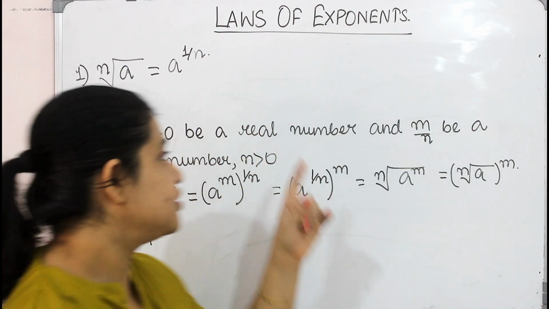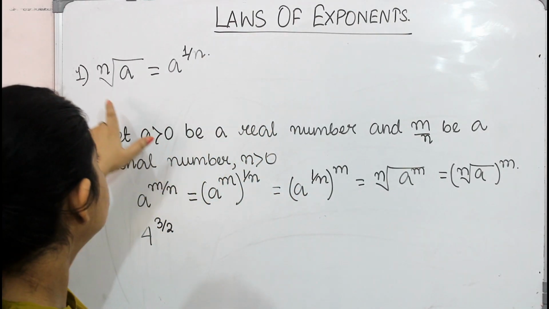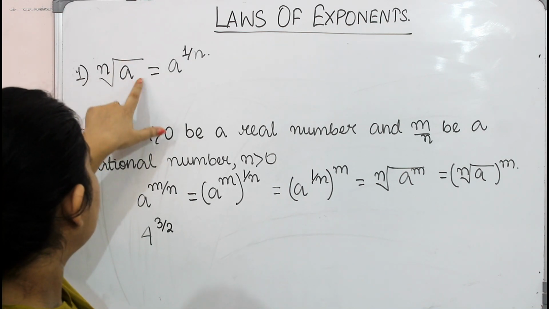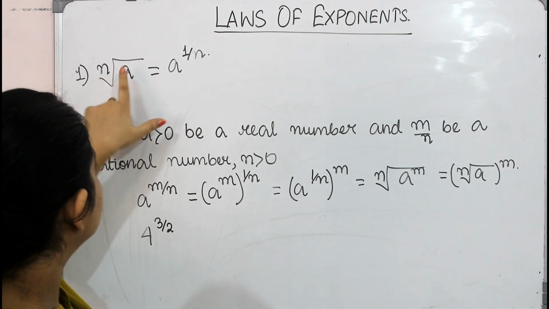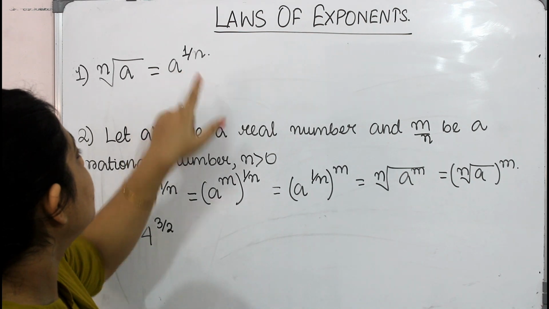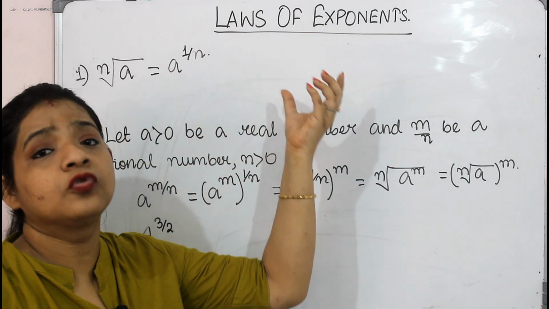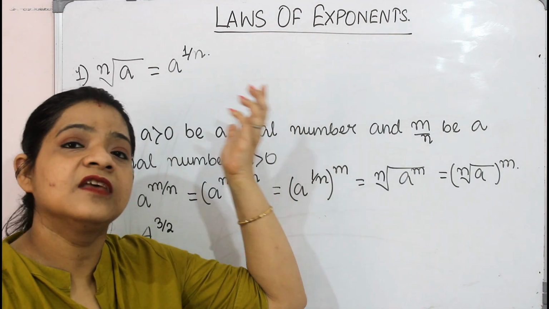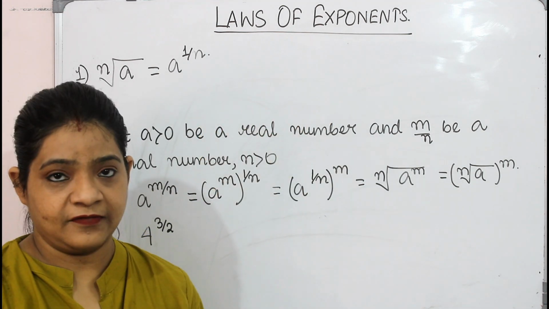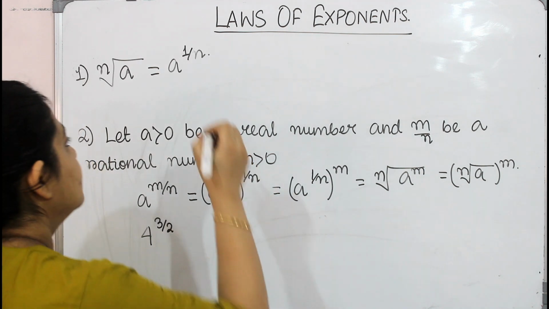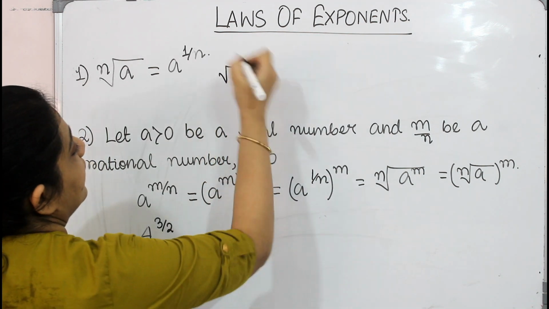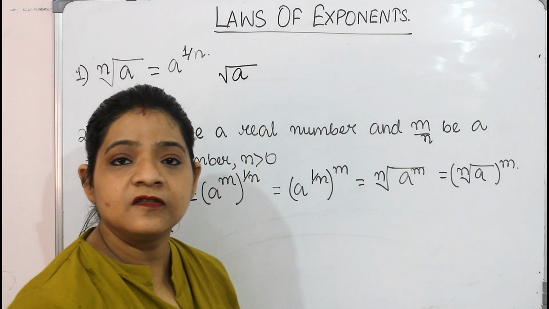The first additional information or result is this: nth root of a can be written as a to the power of 1 by n. Basically, we say this as nth root of a. Suppose we write root a. What does this mean?